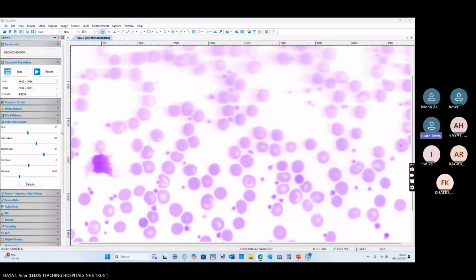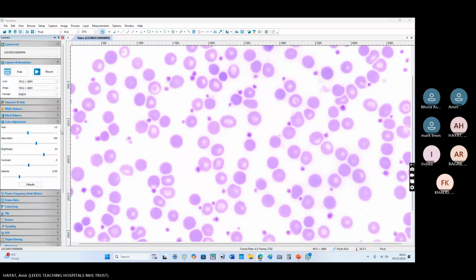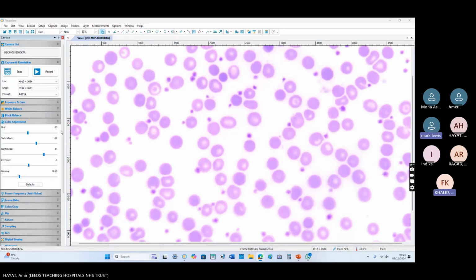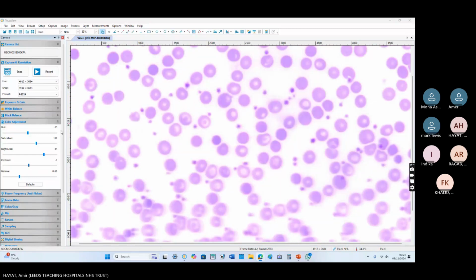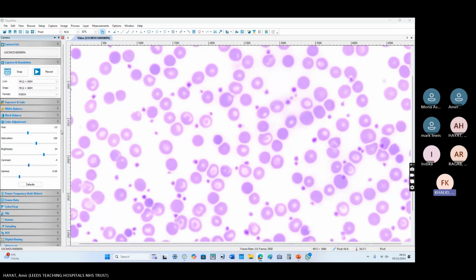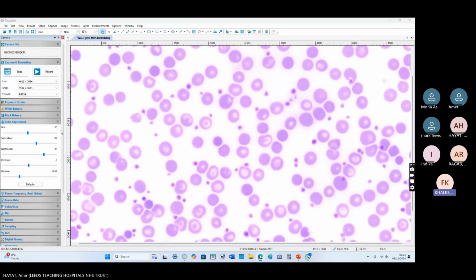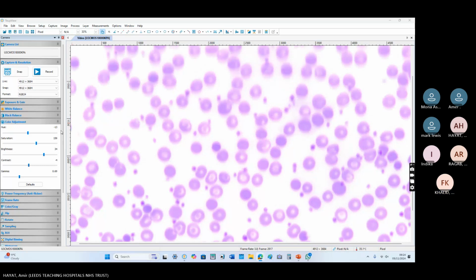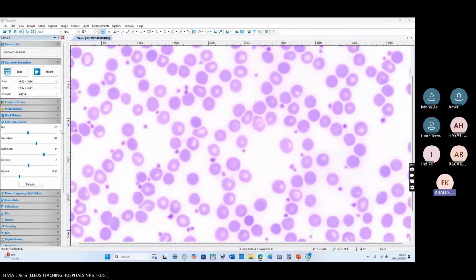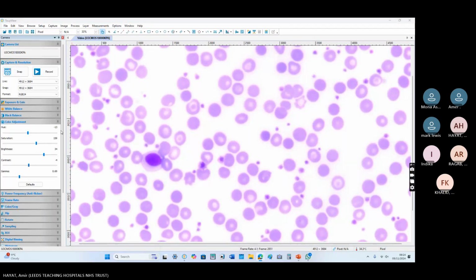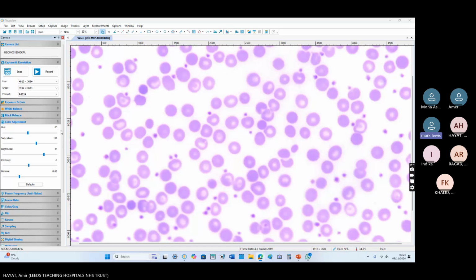What's the retic count like? Retic count is 60. Yeah, under 80. Okay, it's okay. So I do see some platelets here. There's a marked thrombocytosis, some anisocytosis. What's the LFT like?